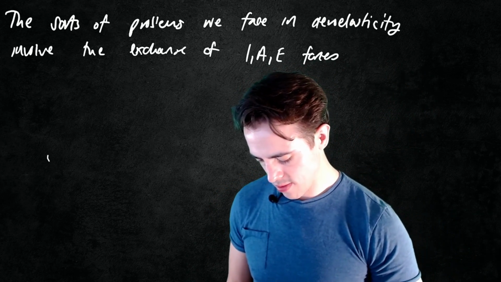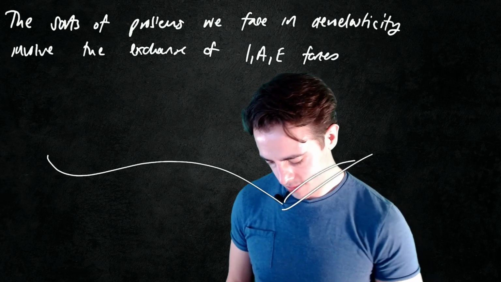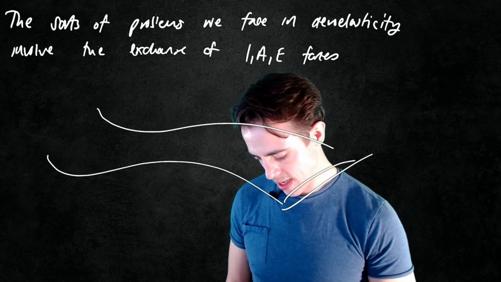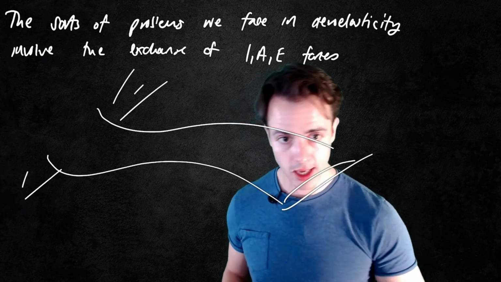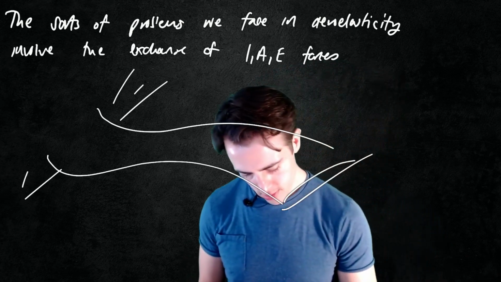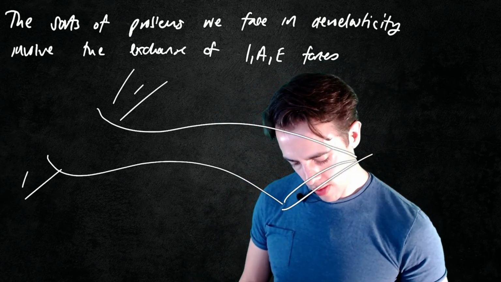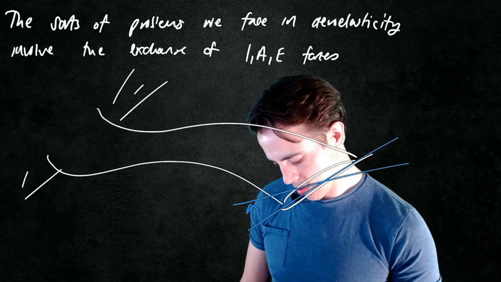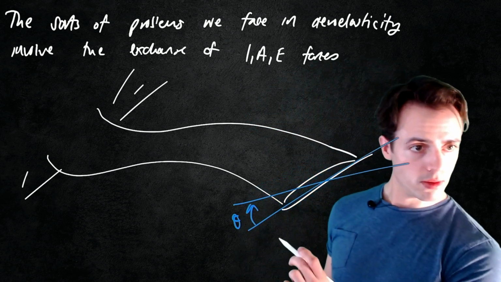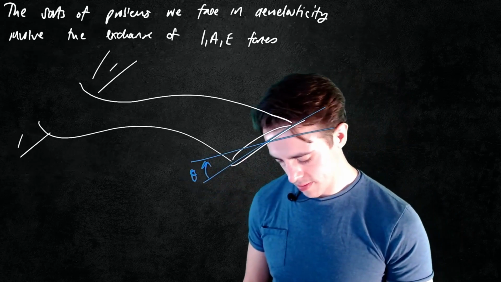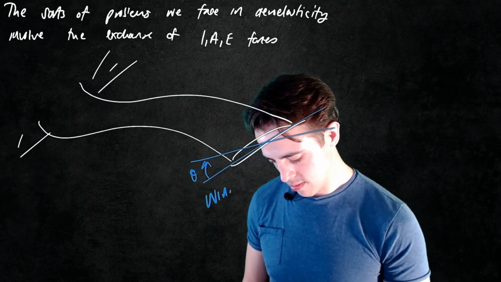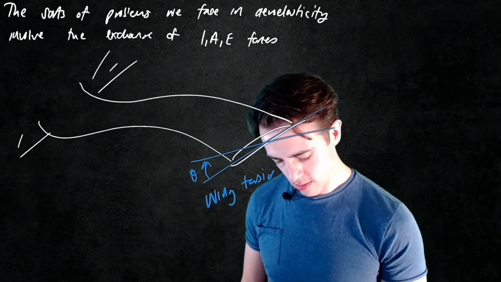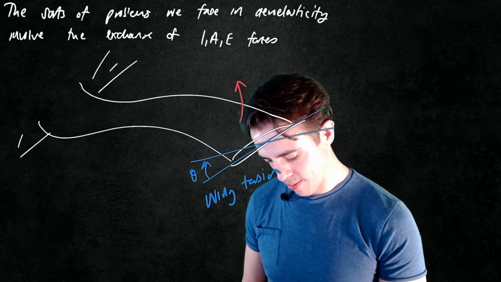So we have a flexible aircraft wing, bending all over the place. This is obviously a highly exaggerated example, but we could have a wing that is able to twist. So we have wing torsion, and wing bending.